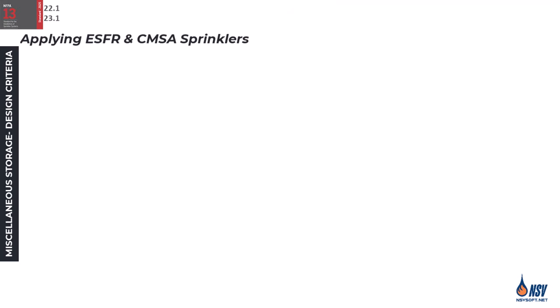According to sections 22.1 and 23.1, CMSA and ESFR sprinklers are explicitly permitted to protect storage arrangements that require ordinary hazard or extra hazard design criteria, which encompasses miscellaneous and low-piled storage. Therefore, by shifting our design approach to use the criteria for these sprinklers specifically listed for the building's actual higher ceiling, we can safely and compliantly protect the space.